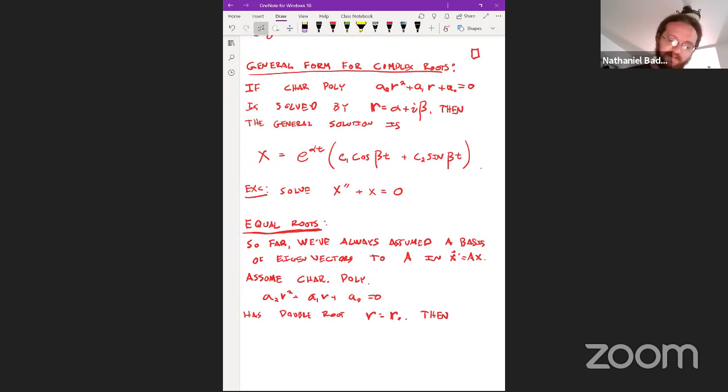Then the general solution is the following: x equals (c0 plus c1 times t) e to the r naught t.